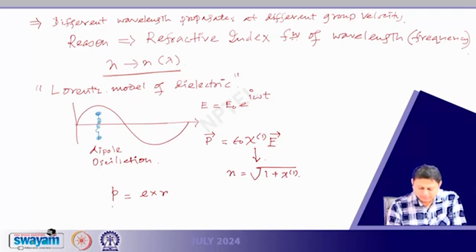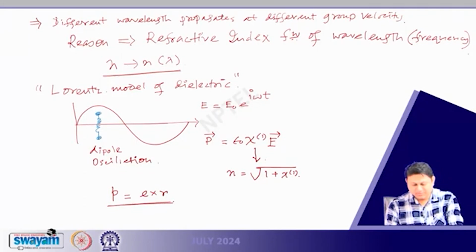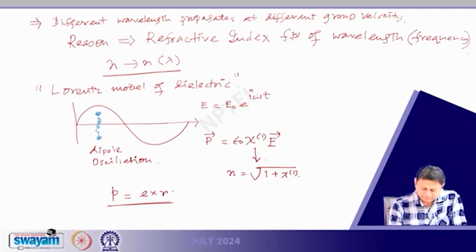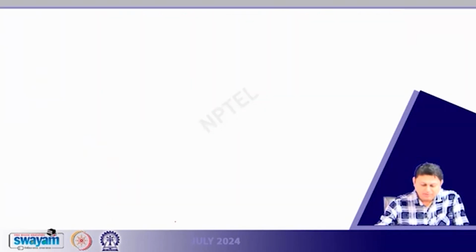If I manage to get this quantity r from this differential equation, given the electric field that is launched, and because of that the dipole is oscillating, obviously r will be a function of omega, this frequency, and we can get the value of polarization, and from that we can get the value of susceptibility. So, let us start this small calculation.